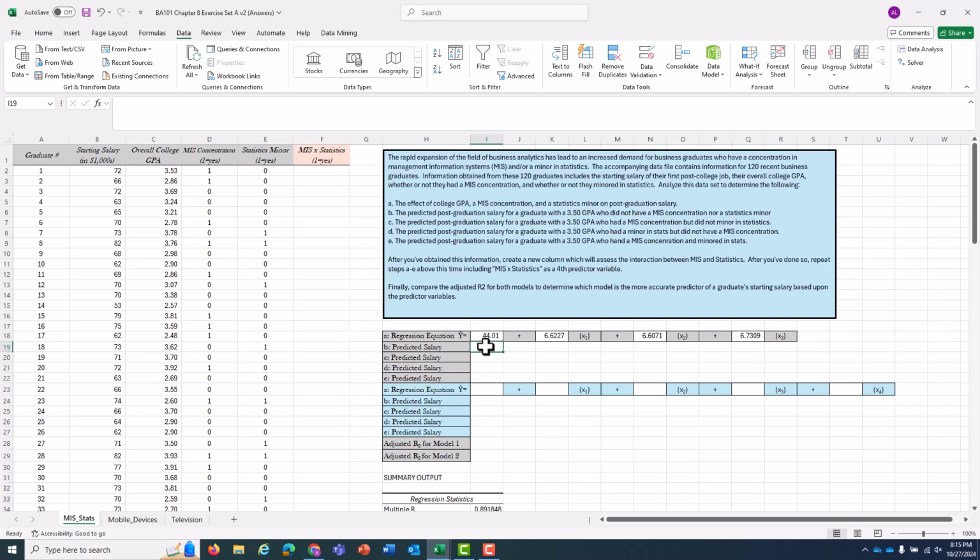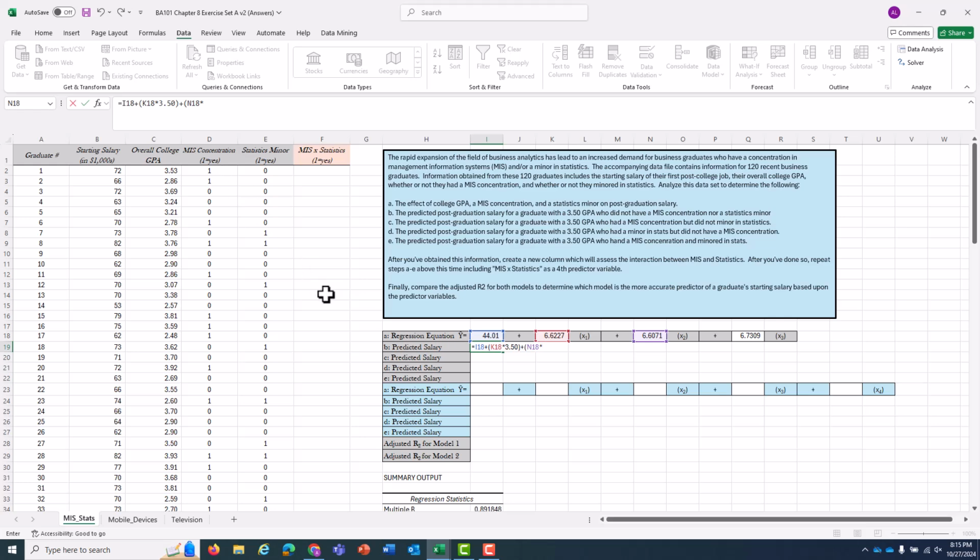So I'm going to say this is equal to our constant for our regression equation of 44.01 plus, in parentheses, the coefficient for GPA times the GPA we're testing for, which is 3.50, plus the coefficient for our MIS concentration, and in this case did not have an MIS concentration.